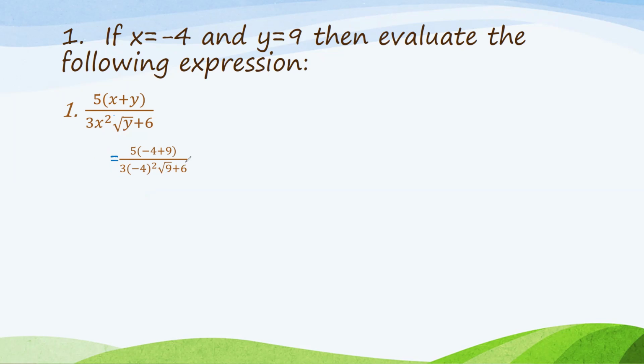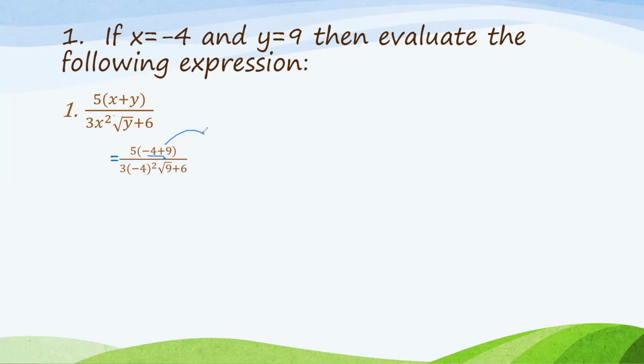Okay? So, now, after this step, you have to solve this round bracket first. Don't multiply this 5 with 4 or 5 with 9. No. Students, first you have to solve this round bracket. Here we can see that minus 4 plus 9.